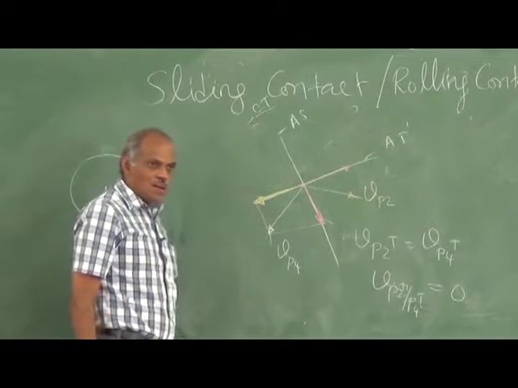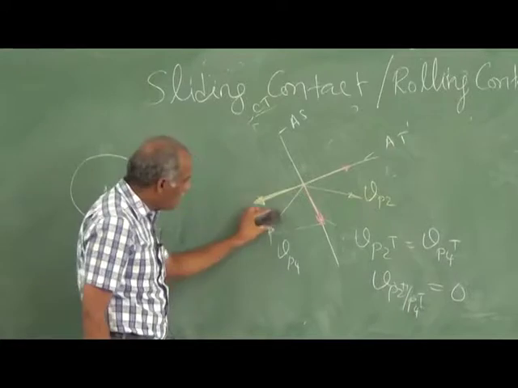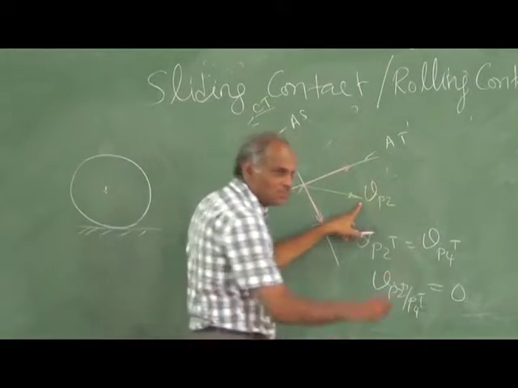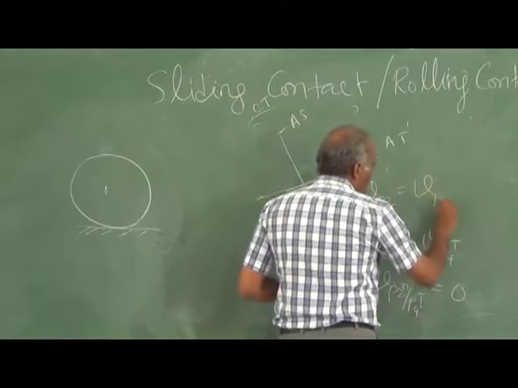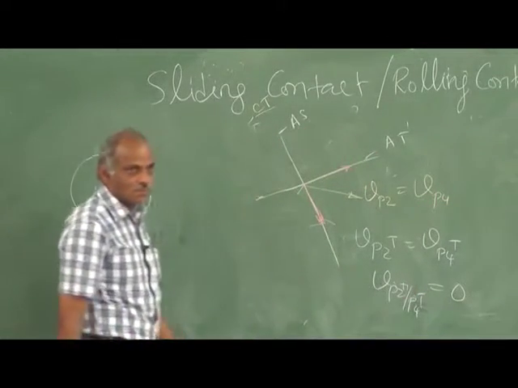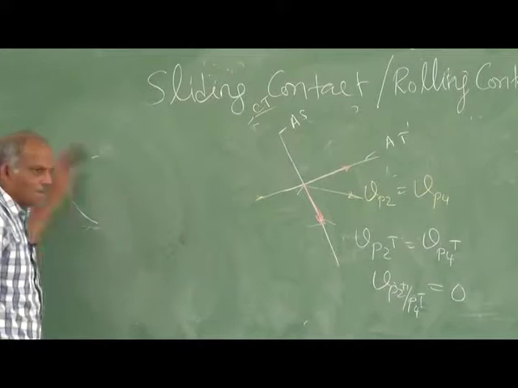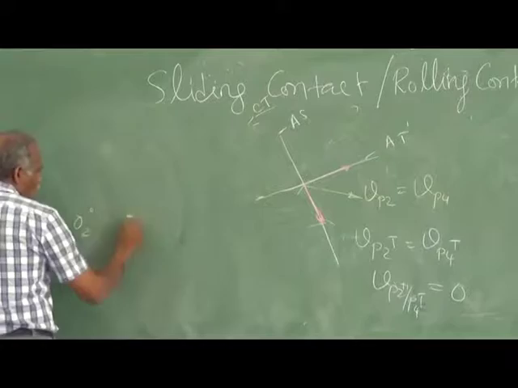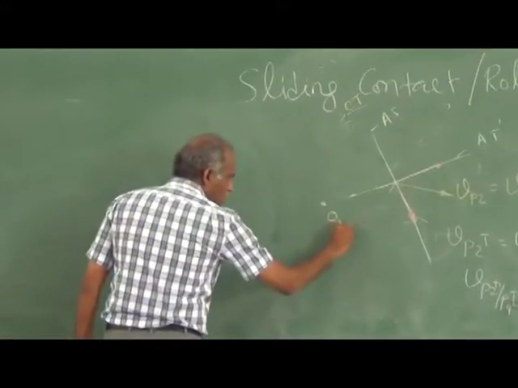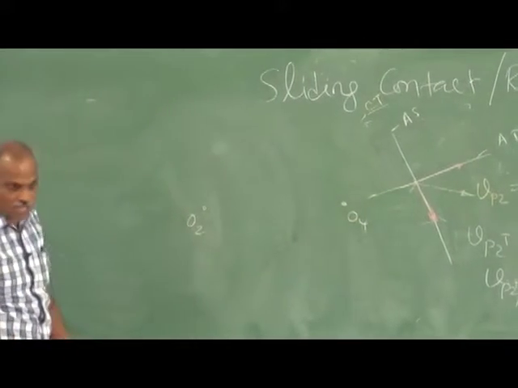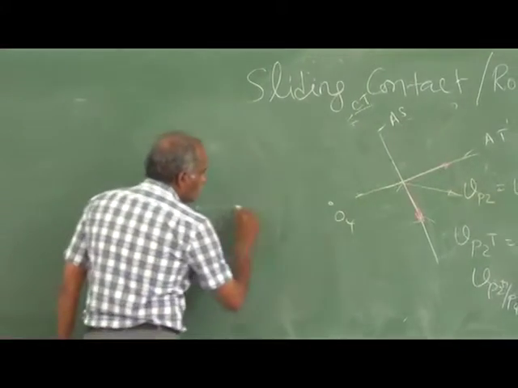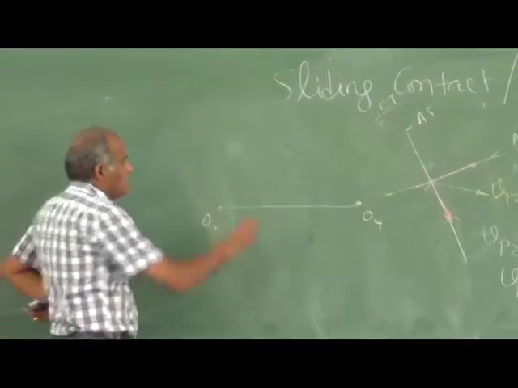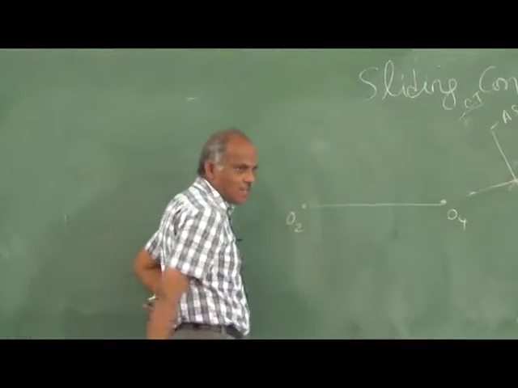So what is the option possible? The possible option is that the velocity of P2 should be the same as velocity of P4. When is that possible? You look at it, you have O2 as a center of rotation, you have O4 as a center of rotation, you have the line of centers, and you have a point of contact where the contact takes place.